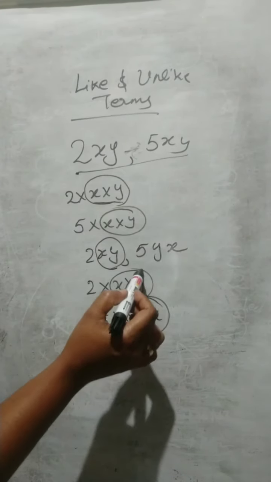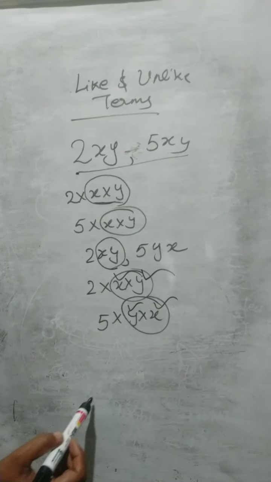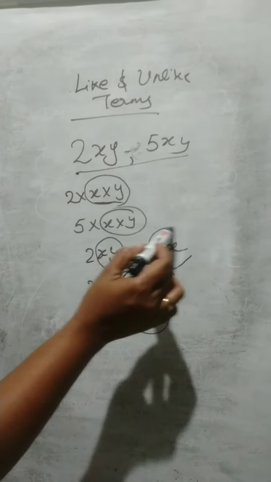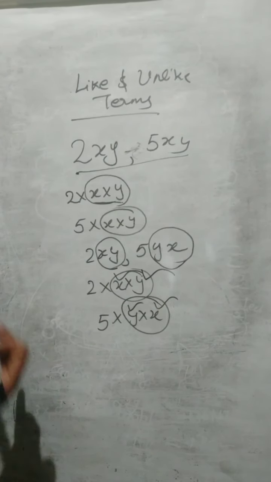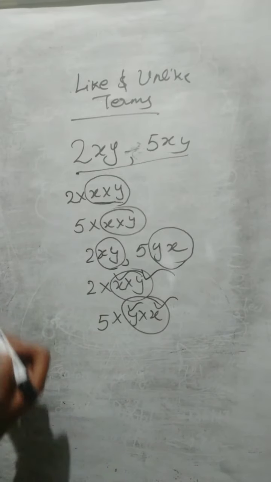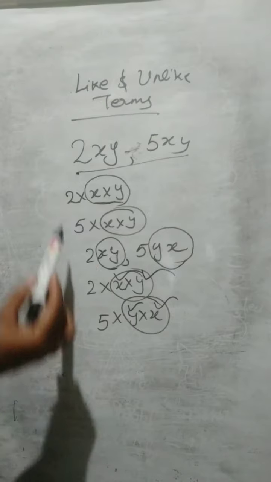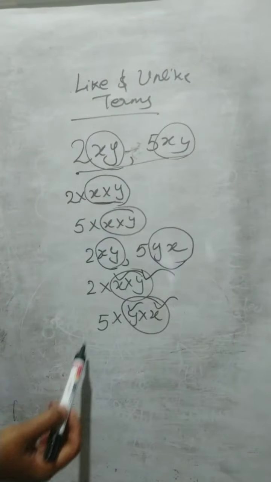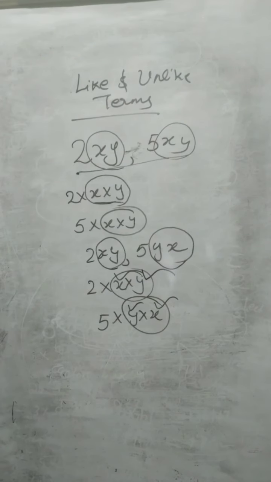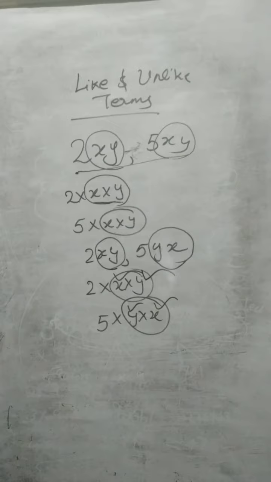But the variables are x and y in both, so order doesn't matter for the variables. Anyway, we will get the same variable part itself. So if the factors of the variables are the same, then we can say those are like terms. All others are unlike terms.